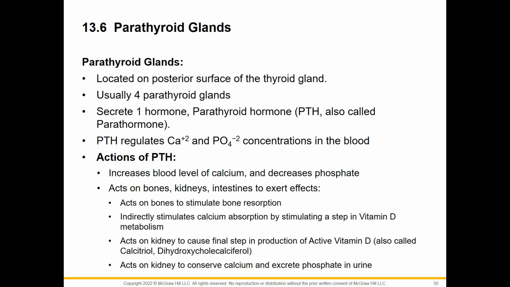So the reason that happens is because of osteoclasts. PTH will specifically have an effect on the osteoclasts in the bone so that those osteoclasts are stimulated to basically chip away at the bone so that the calcium that hardens and strengthens the bone can then be resorbed back into the bloodstream.